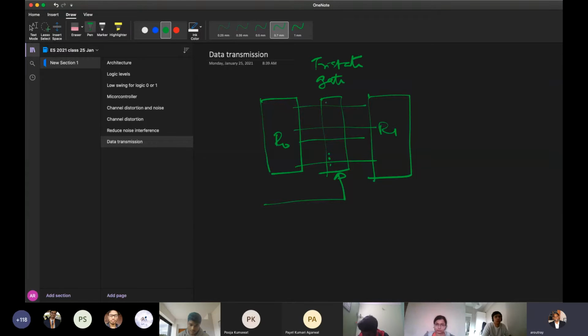Tri-state means it will generally be high impedance, disconnected. When you enable it, it will be connected. The value may be 0, 0, 0, 0, 1, 1, 1, 1, and so on; this will be equal to this, or not equal because of the high impedance of the tri-state gates. So whenever I enable it, this data gets transmitted. That means only one control signal is required to transmit the data. So this is called very tightly coupled, or a very fast mode of data transmission.